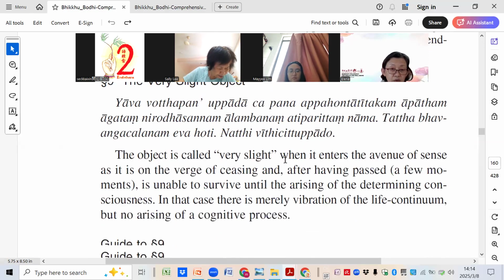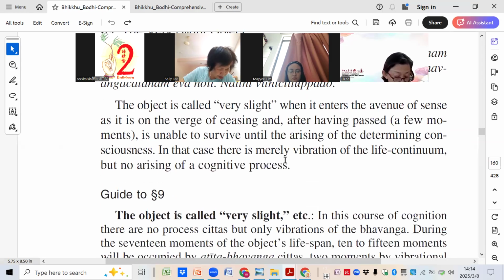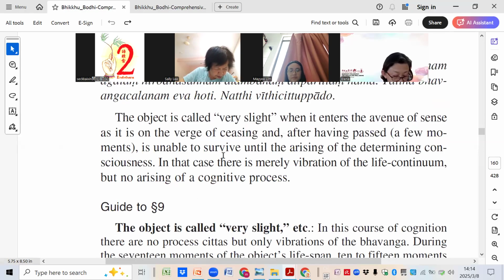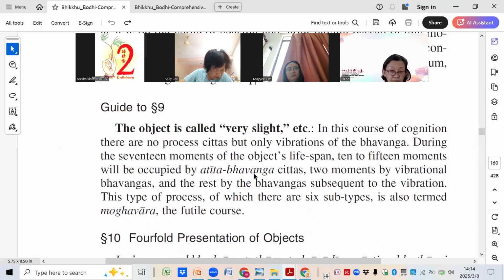The very slight object. The object is called very slight when it enters the avenue of sense as it is on the verge of ceasing, and after having passed a few moments, is unable to survive until the arising of the determining consciousness. In that case, there is merely vibration of the continuum, but no arising of the cognitive process. The object is called very slight, etc. In this course of cognition, there are no process chittas, but only vibrations of the bhavanga.